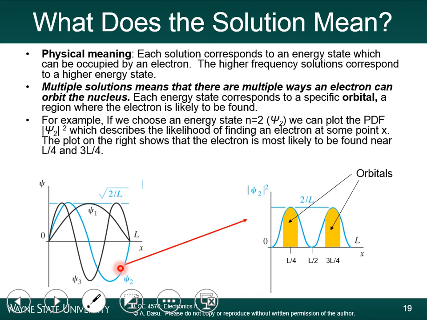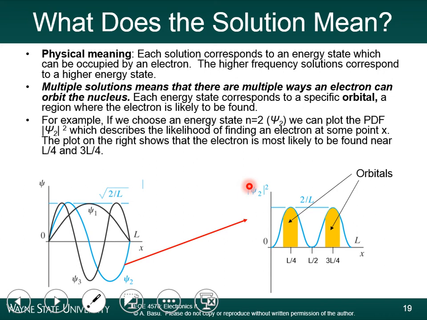Psi 2 looks like a sinusoid, as you can see here. If we plot psi squared, what happens if you take the absolute value squared of a sinusoid? Yeah, it just becomes above the axis. So that's what you're seeing here. This blue line here is psi 2 squared, like a sinusoid that's been flipped above the axis.